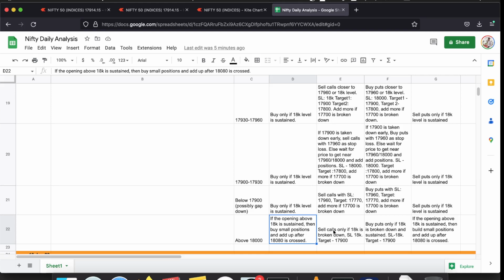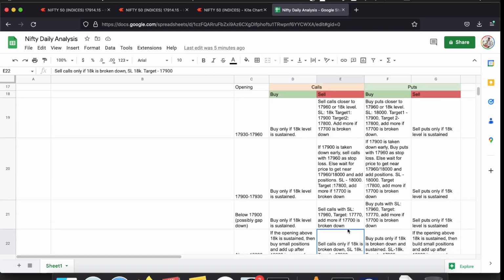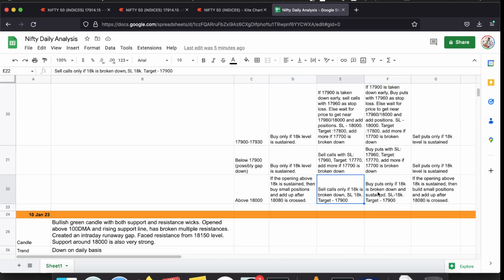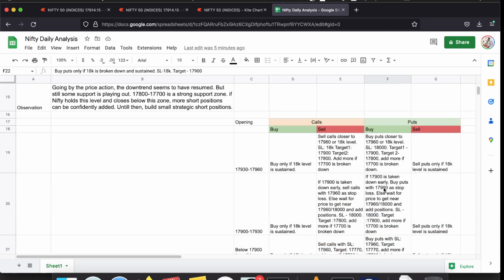If 18K is not sustained, then initiate short positions. A good trade in that case would be to buy puts, because VIX would be low and premiums will be low, and as Nifty goes down, your premiums will gain in value.